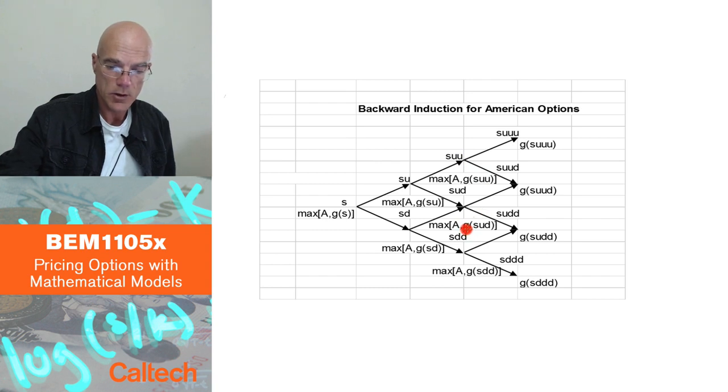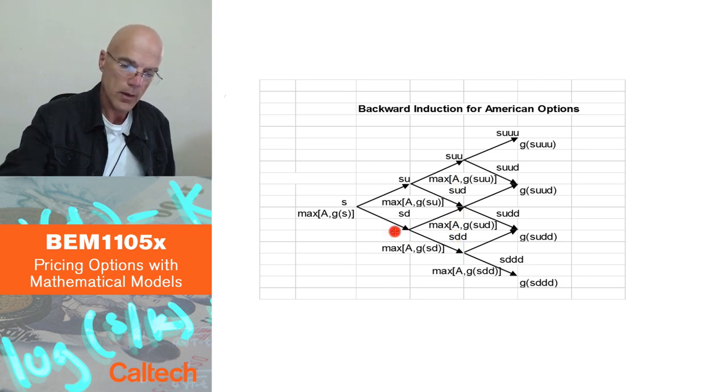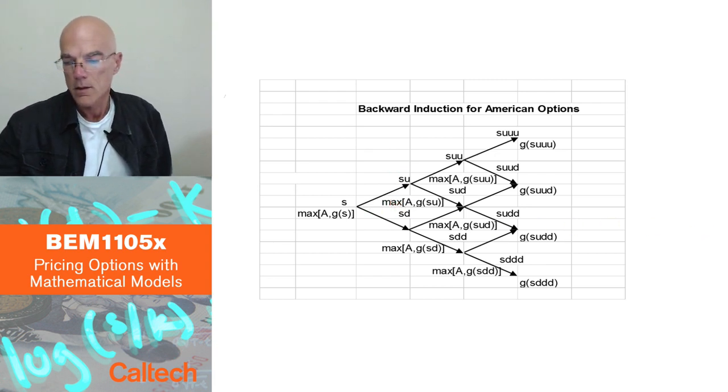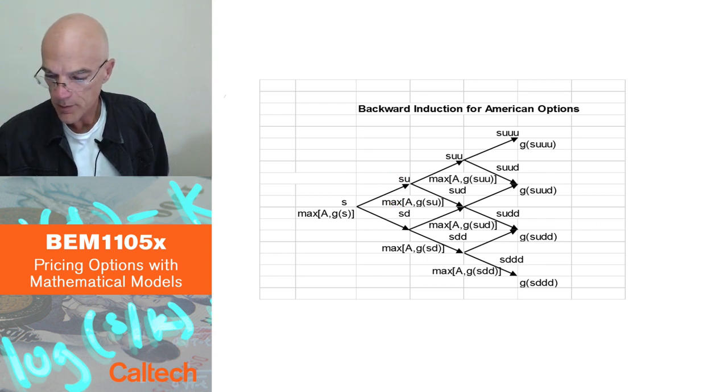And here it would be g of s times u times d. Here g of s times d squared. So each time I take a maximum, and this A is going to be different in different nodes. And then again, I go backwards, discount, average, take maximum, and so on. That's just a visual representation.